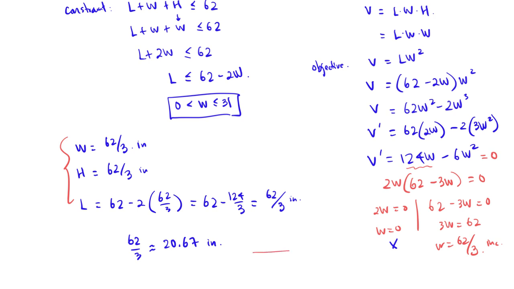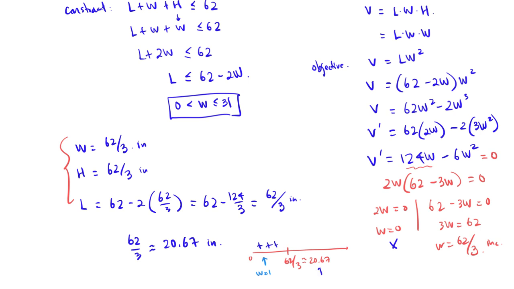Now, how do we know that this combination of dimensions will give us the largest volume? We use the first derivative test. W equals 62 over 3 is a critical number, approximately 20.67. Pick a number between 0 and 20.67, for example, W equals 1. If we plug W equals 1 into the derivative, we get 124 times 1 minus 6 times 1 squared, which is positive.